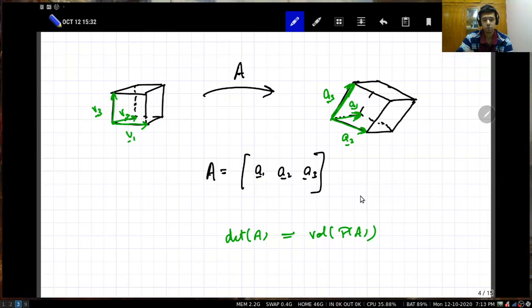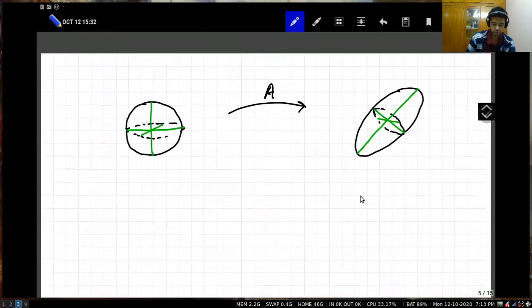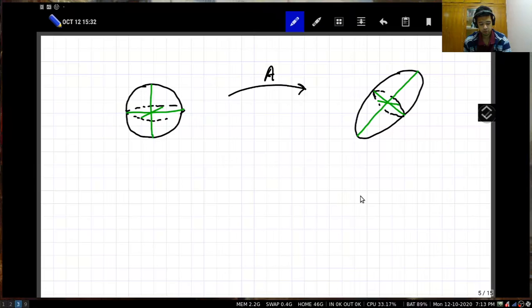So if we have a cube, then this gets transformed by A to a parallelepiped, and a parallelepiped whose volume is equal to the determinant of A, right? So instead of a cube, what happens if we transform a sphere, right? Suppose that we have the unit sphere, or in 2 dimensions we have a unit circle.